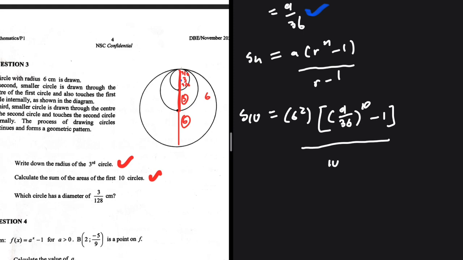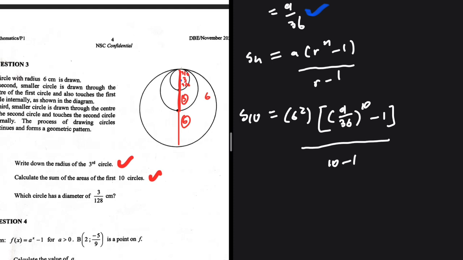So I just need to put that in my calculator. So 6 squared, that's 36, multiplied by (9 over 36) to the power 10, minus 1, divided by 10 minus 1.